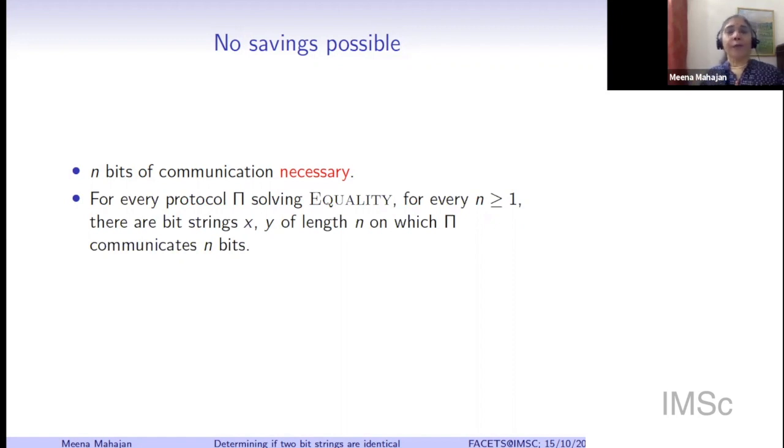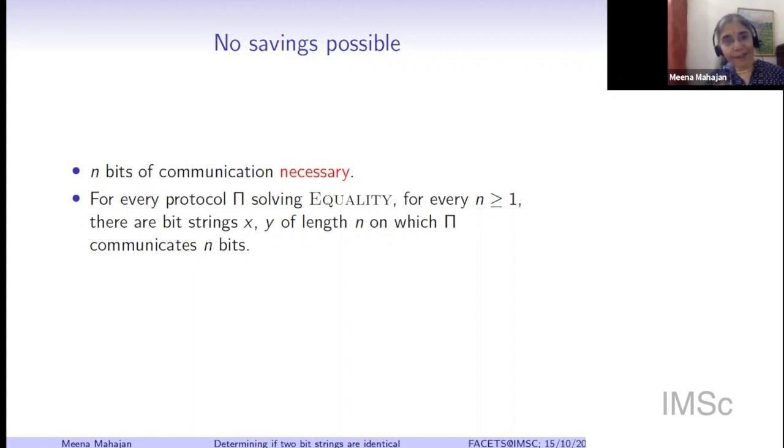So for every protocol which solves equality, now notice that here equality does not have that parameter n, so this protocol should solve equality no matter what the lengths of the inputs. For every such protocol, for every n greater than or equal to 1, there are bit strings of length n, x and y, where when Alice has x and Bob has y, this protocol pi communicates n bits.